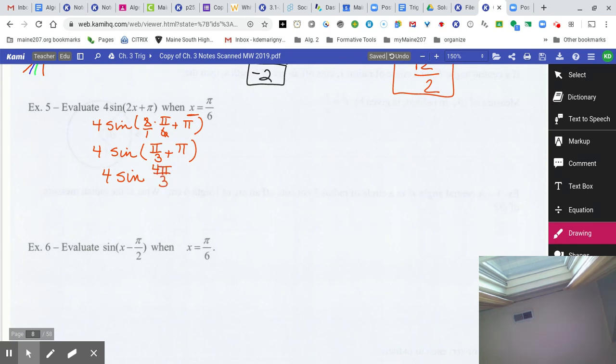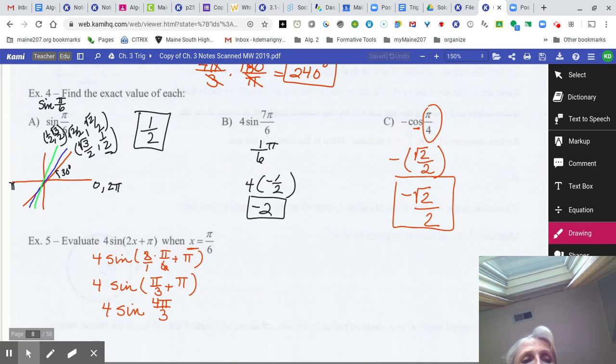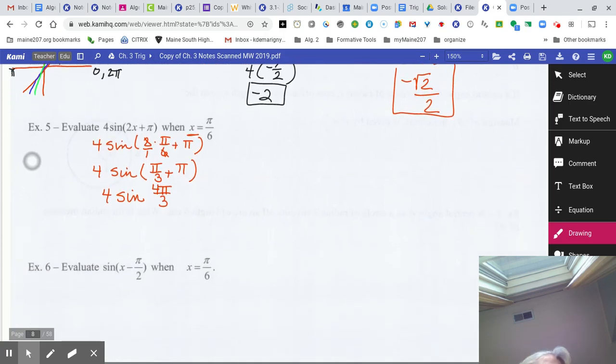All right, fair enough. So what I need to know is what's the value of sine of 4 pi thirds. So I know that I have 1 whole pi plus a third more of a pi, which would put me into the third quadrant. And if I'm in the third quadrant, my value of 4 pi thirds would be a third of the pi, which would be, if I look back to here, my 60 degree, the sine of this particular piece, so cosine and sine, would be a root 3 over 2.